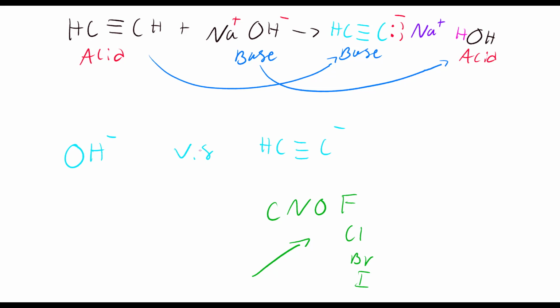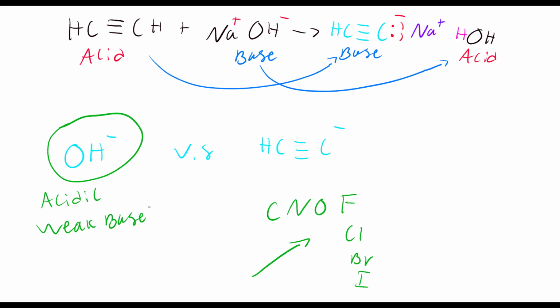The more electronegative you are, the more acidic you become. So oxygen is going to be favored compared to carbon. I don't want a negative carbon. Since this is the most acidic, that must mean it's going to be a weak base, and nature tends to favor the weak side. And so I'm going to say that this is the preferred side.